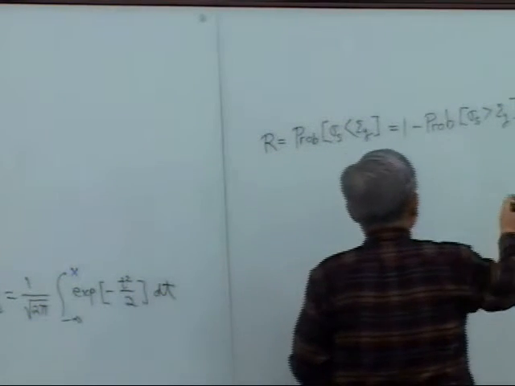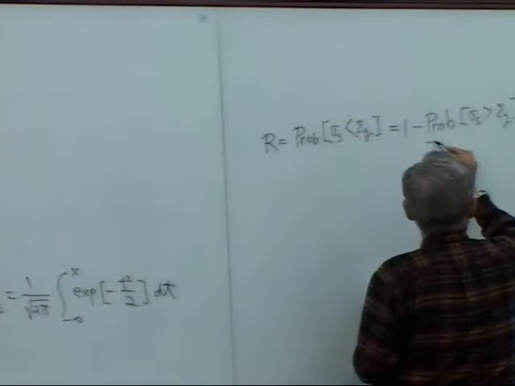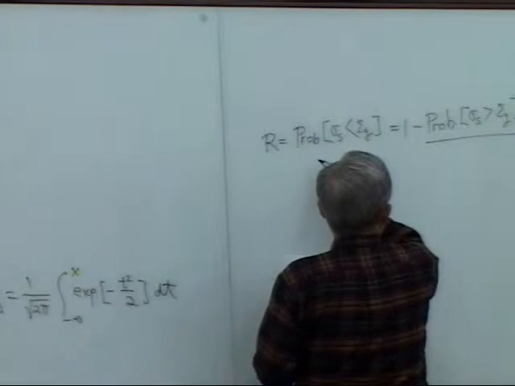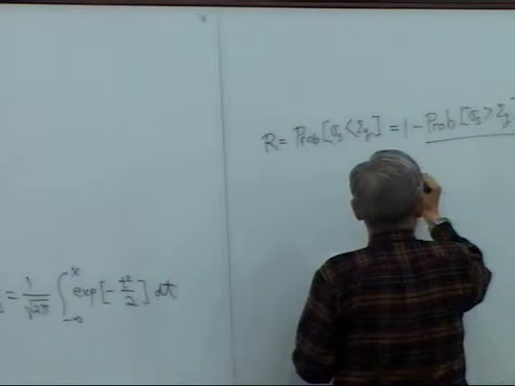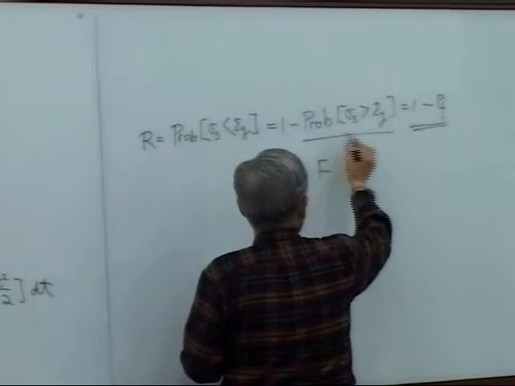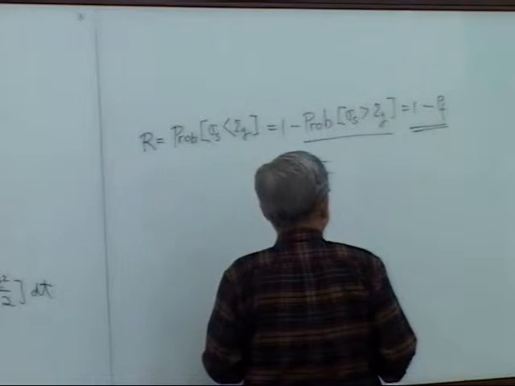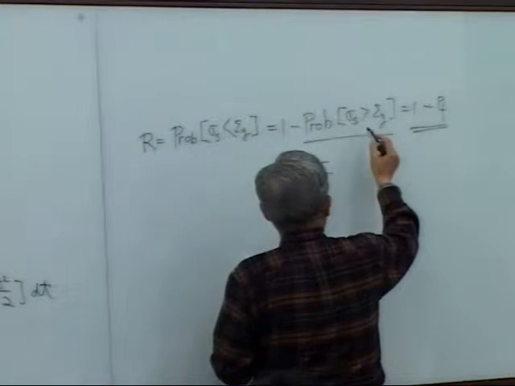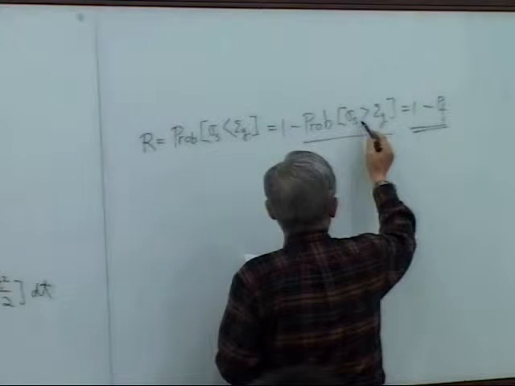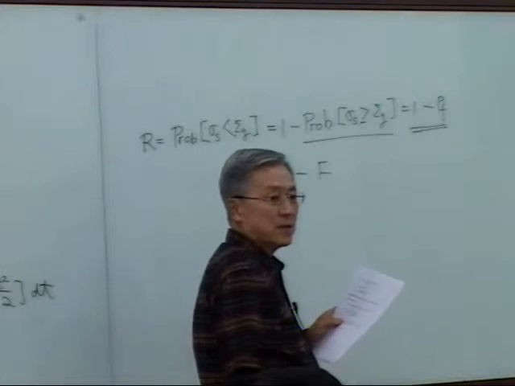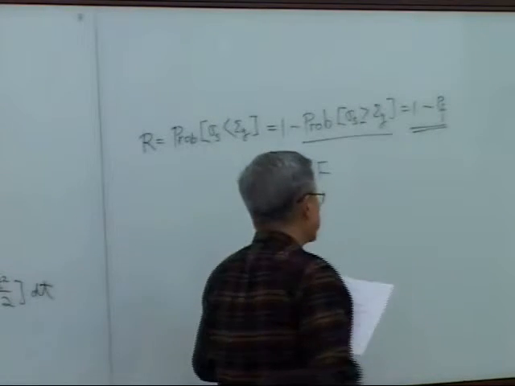So 1 minus PF, looking at that, is equal to, this is now cast into the cumulative distribution function. So here I should put this guy like that. One is reliability, the other one is a complement.